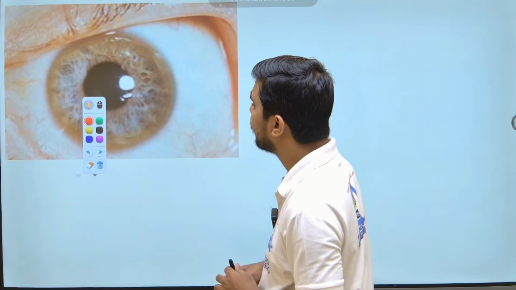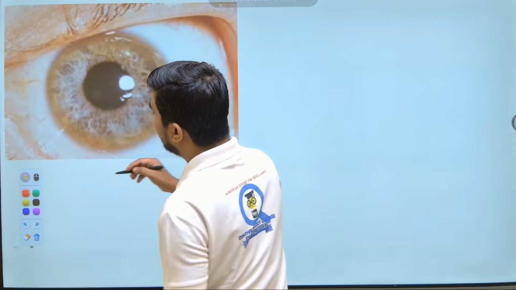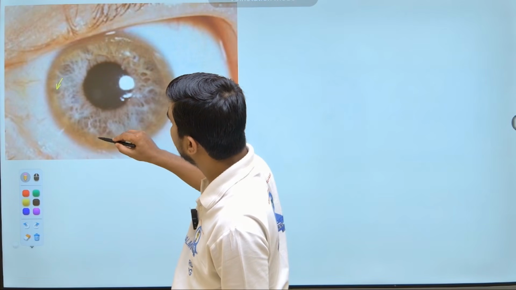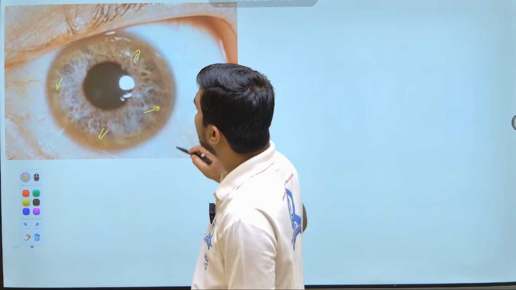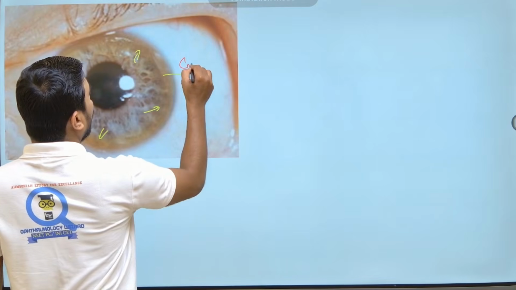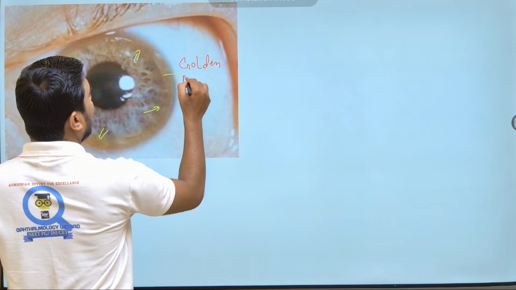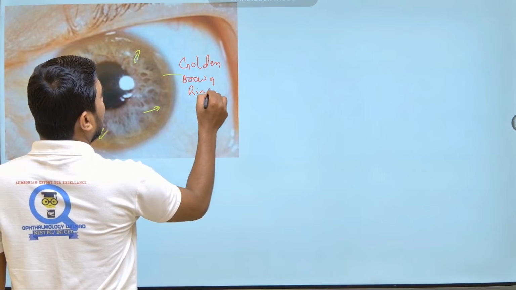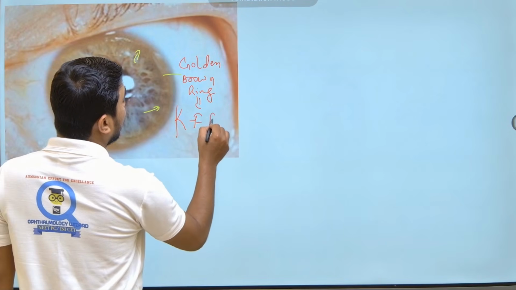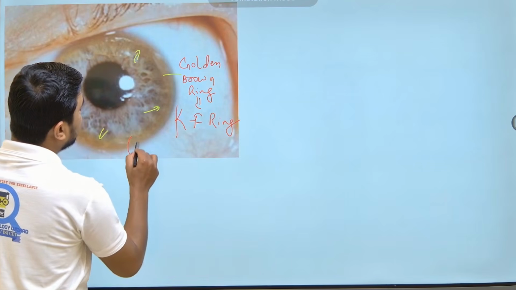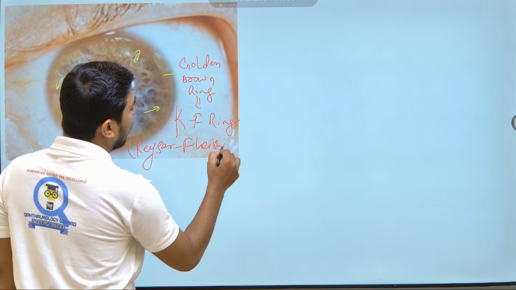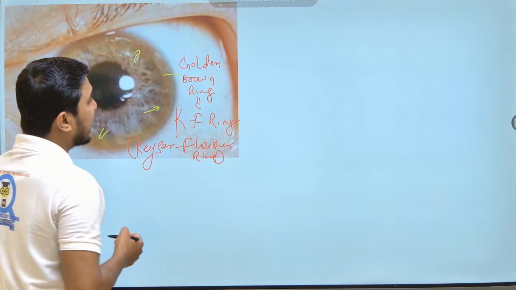If you are seeing very clearly, you can see here this ring, a golden brown ring. This is called the KF ring, Kaiser-Fleischer ring. Where do you see the Kaiser-Fleischer ring?